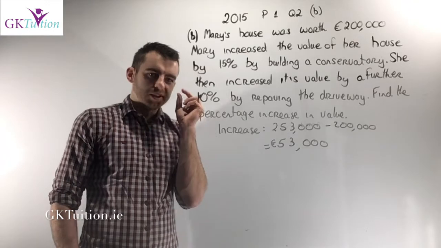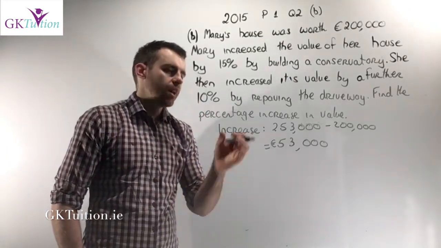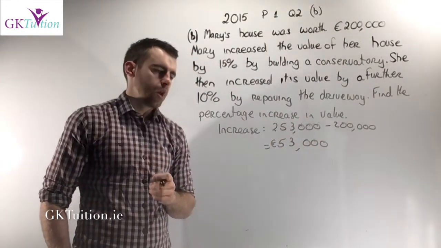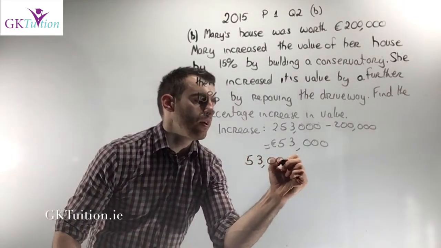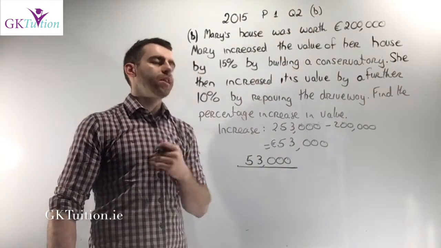And remember, to get the percentage increase, we did it in the previous question, percentage increase is the increase over the original price of the house. So to work out the percentage increase in this case, it's the 53,000, which is how much it increased by, divided by the original price of the house.